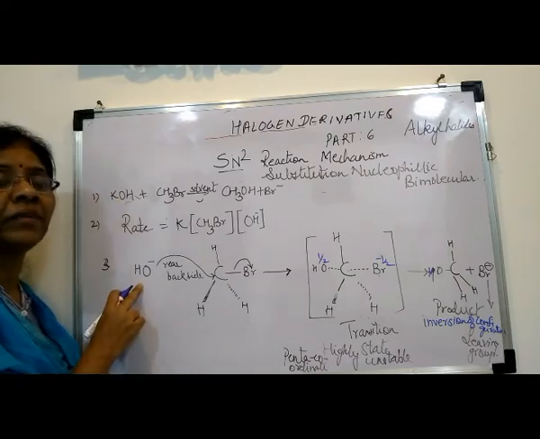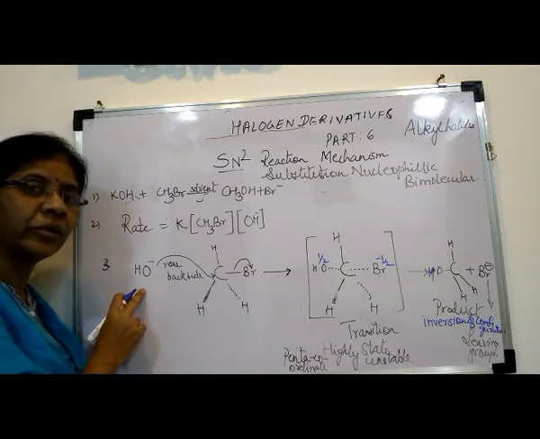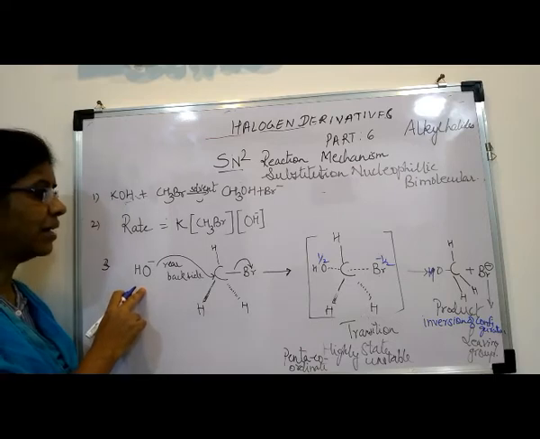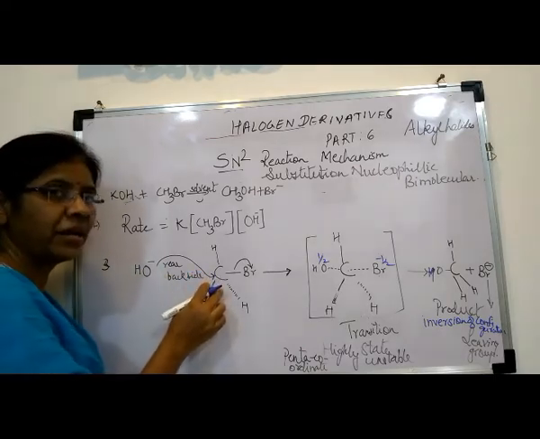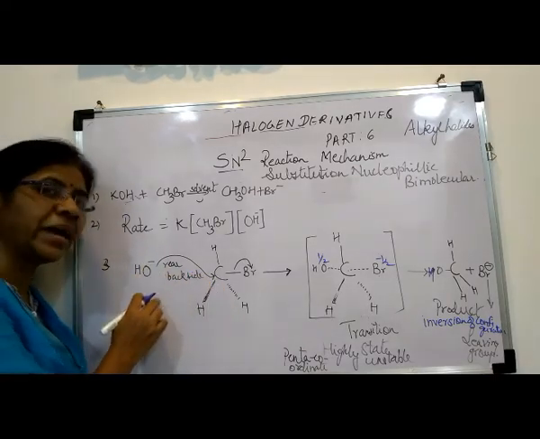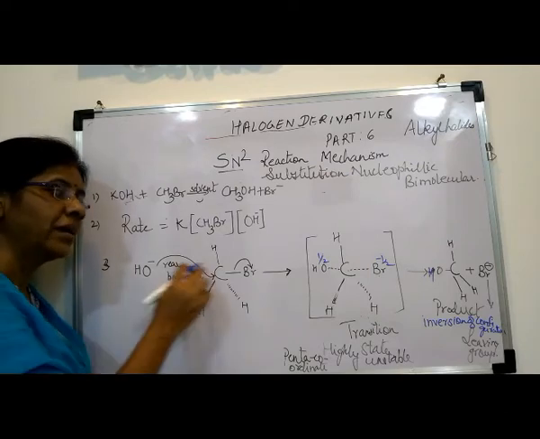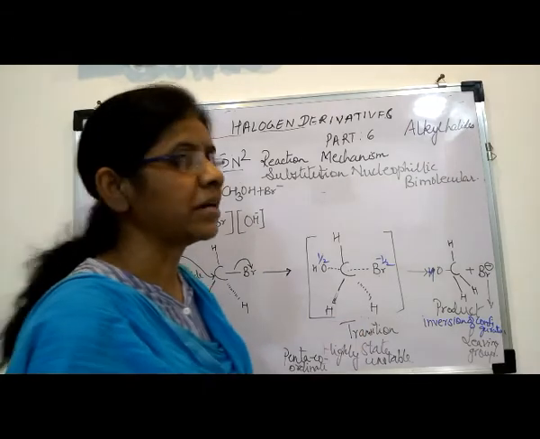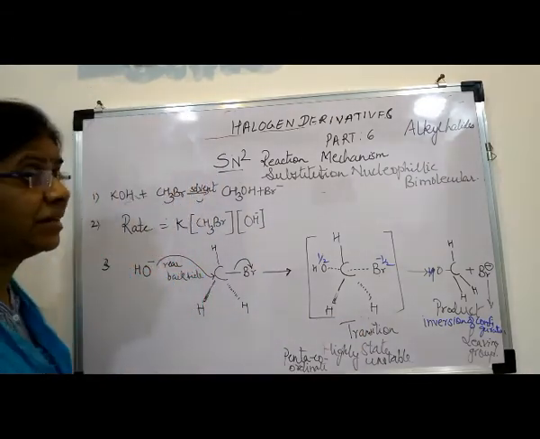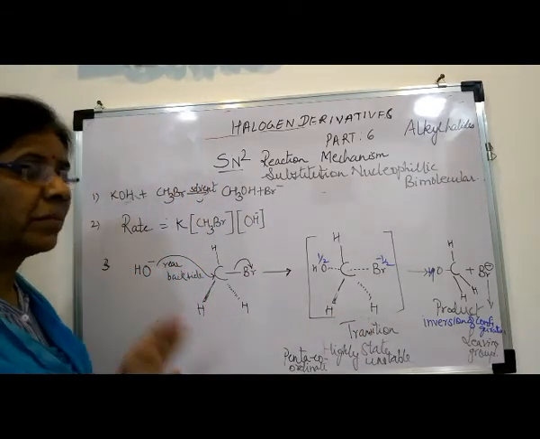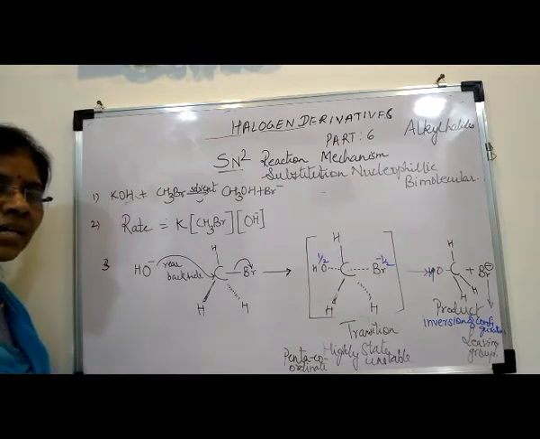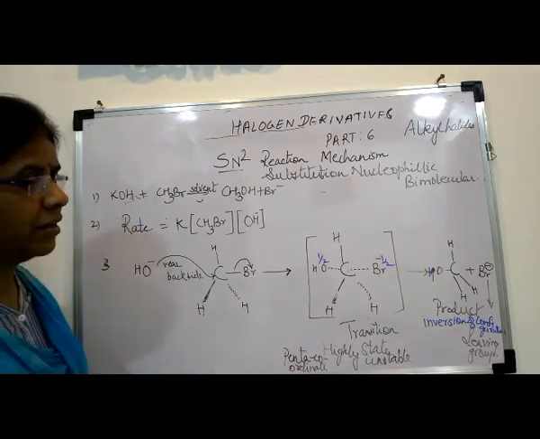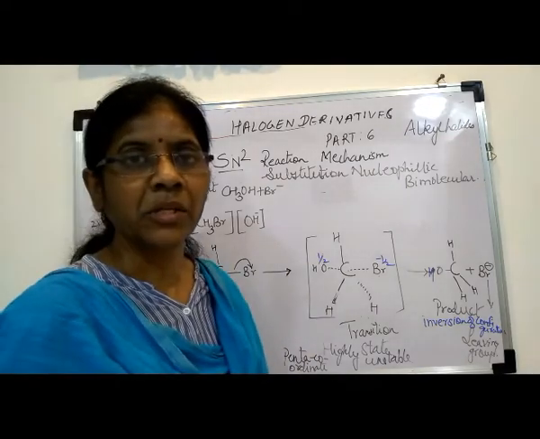Because the nucleophile OH minus, the attacking nucleophile, is attacking the substrate from the rear side, from the back side, from the side that is opposite to the leaving group, and therefore you have such a transition state which is highly unstable, which does not remain in this position for a longer time. It will break and you will get the product immediately.